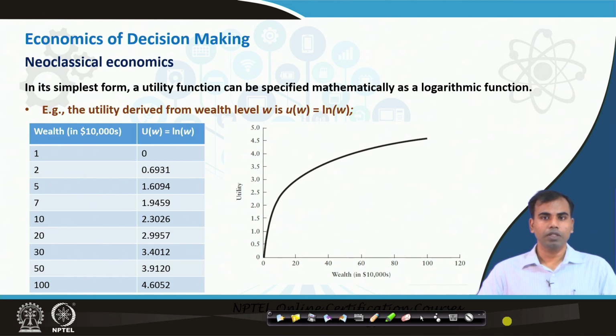Basically, risk aversion implies that if you face a situation which is uncertain and more risky, you would demand a higher payoff or a higher return to compensate for the risk that you are taking.